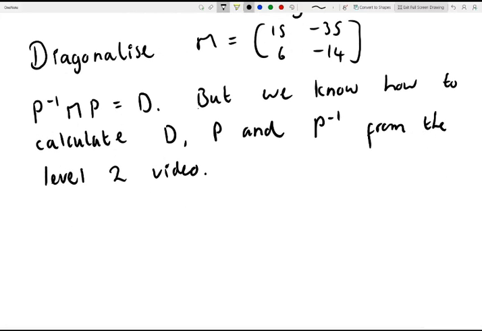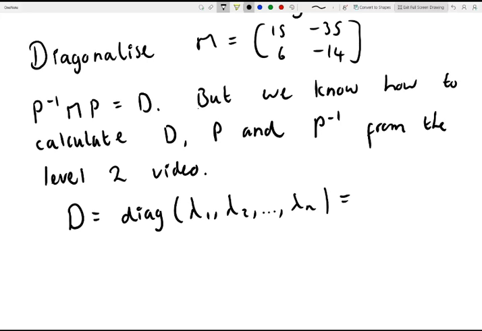Here's a quick summary. D is the matrix with diagonal entries, which are the eigenvalues, lambda 1, lambda 2, all the way to lambda n. In this case, n is just 2. Our eigenvalues were 0 and 1.